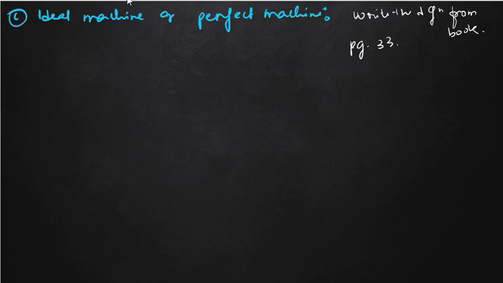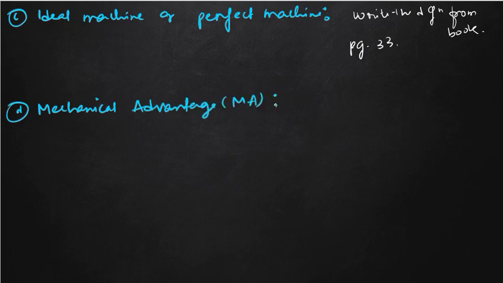So our next topic, the fourth one, is mechanical advantage, or MA. So what is actually mechanical advantage? It literally means the advantage given by the machine. The advantages which are given by the machine are known as mechanical advantage, such that our machine can carry a huge load and apply more force.